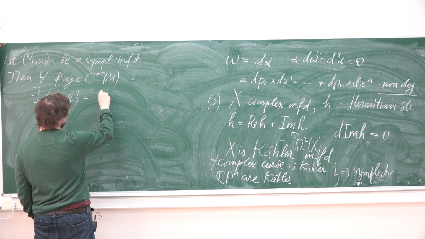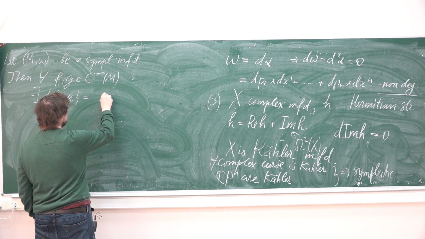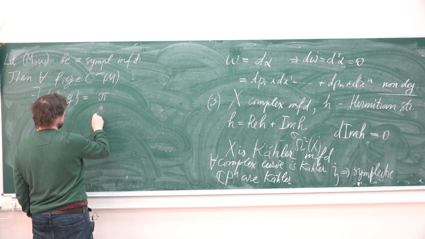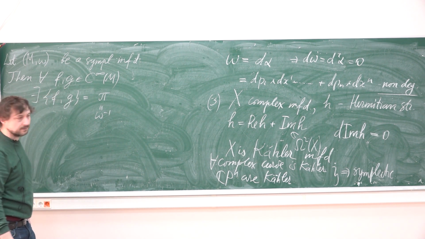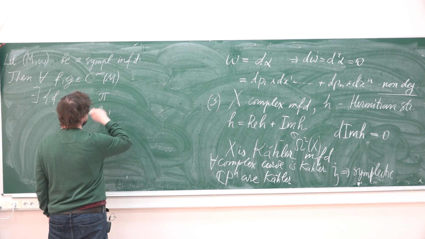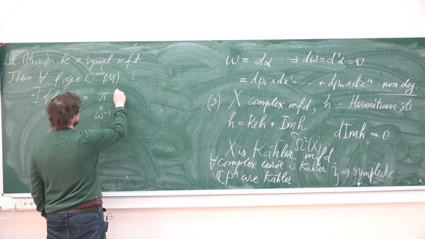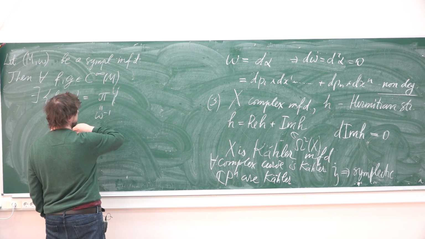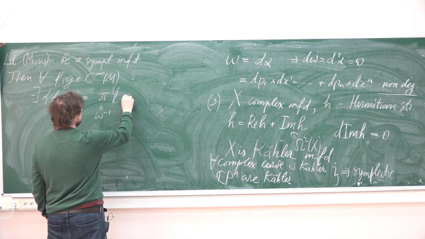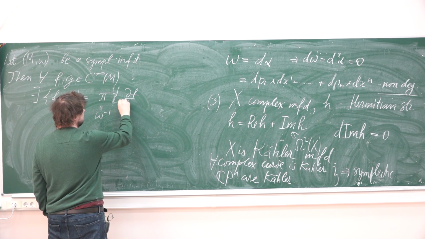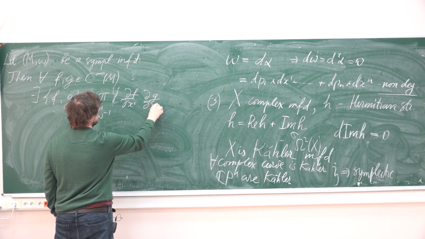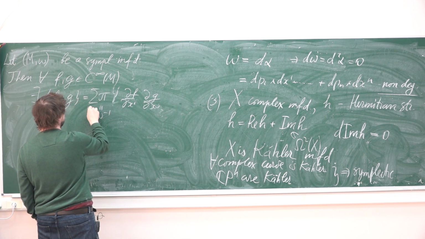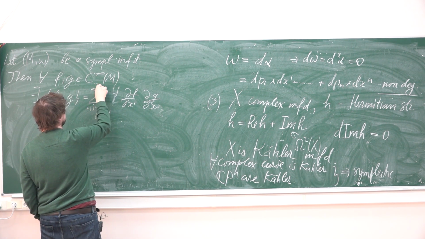We have the inverse matrix pi of omega. I put pi ij here, and then I take df/dxi times dg/dxj, summed over all i, j from 1 to 2n.